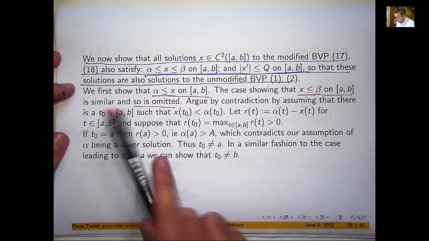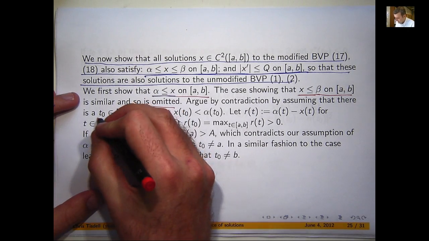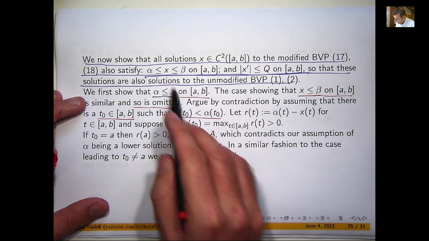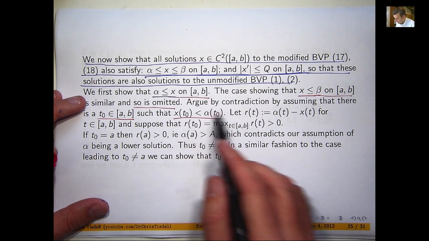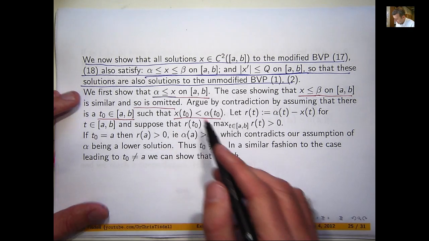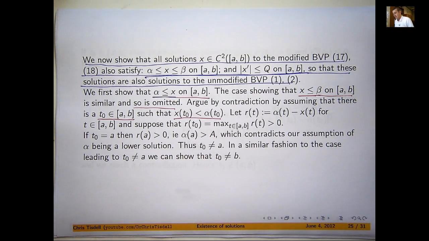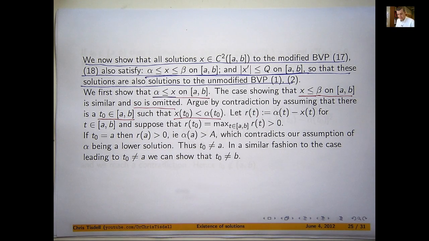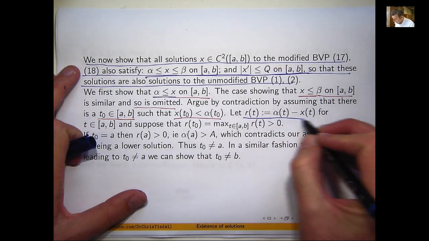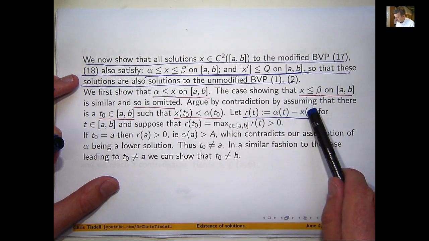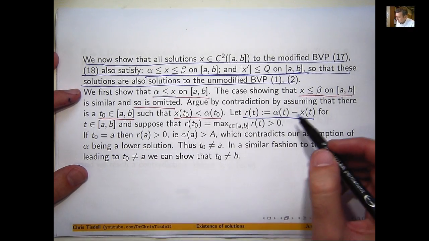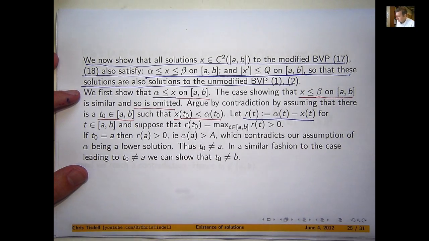All right, we apply an idea called proof by contradiction. So we assume that there's a t0 somewhere in the interval [a, b] such that this inequality doesn't hold. In other words, x of t0 is strictly less than alpha of t0. Okay, well, I'm going to introduce a function, r of t, just to be the difference of this. And r is going to be a continuous function because alpha is continuous and x is continuous.